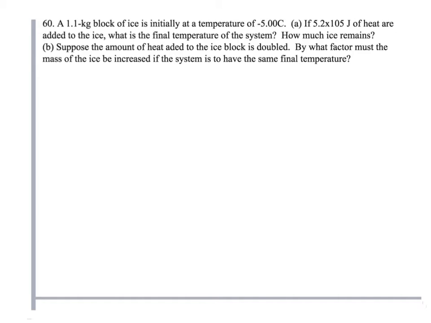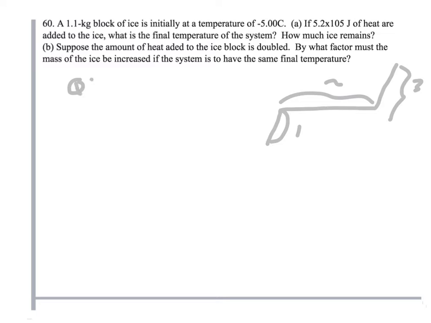So we could draw our diagram here. This is our first part, and this is our second, and this is our third right here. So for the first part, the amount of heat is m times the specific heat of ice times that temperature change. Let me erase our little drawing.